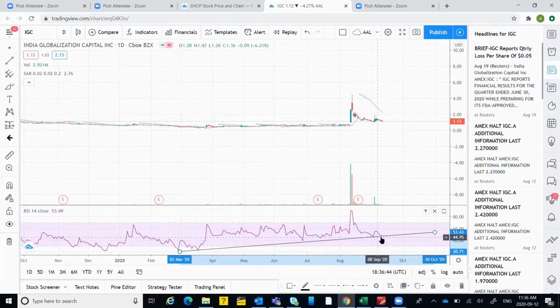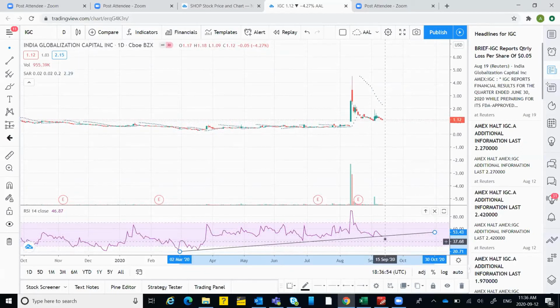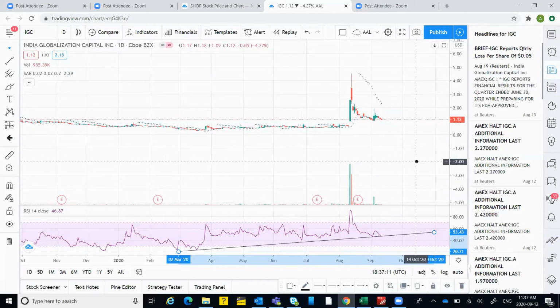See, if it breaks this level at which it is currently at, then you can see it will start going down. If in the next day it takes a turn, because this price is also at support level and RSI is also taking a support from here, so next day will be important. It seems likely it can take a rebound from here, but how long the rebound will be, we don't know.